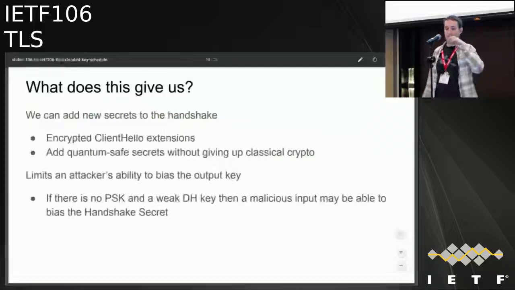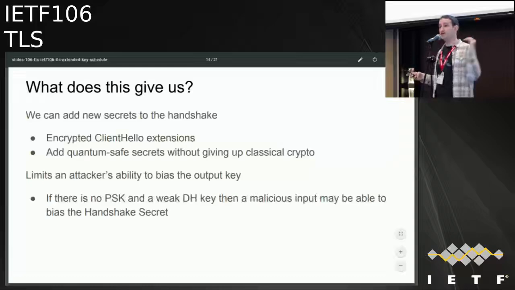Okay. So what does this give us? It's not the same. It allows us to add new secrets to the handshake. Before we could only commit to new public values in the handshake. So we could do encrypted client hello extensions, or we can add quantum safe secrets without giving up any classical crypto.